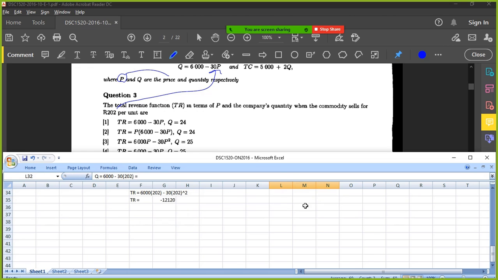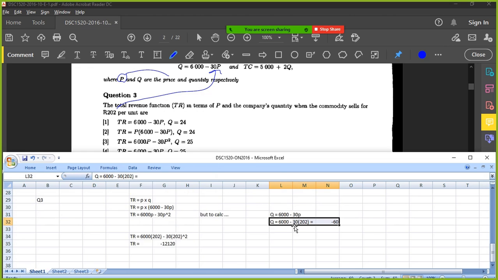If we're looking at quantity as 25, then 25 equals 6,000 minus 30p. If we were to solve for p here, we would have 30p equals 6,000 minus 25.